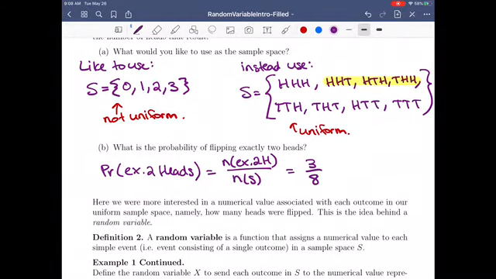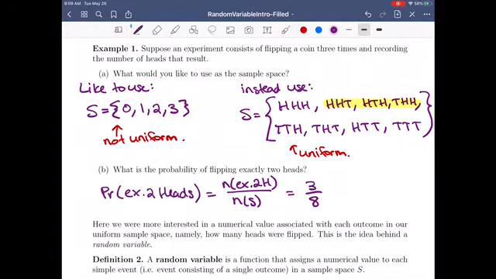But here, we're more interested in the numerical value that's associated with each outcome, rather than the order that they happened. This is the idea behind a random variable. A random variable is a function that assigns a numerical value to each event, so for each outcome in the sample space. For our random variable, I'm going to call it X. It would be the number of heads flipped.